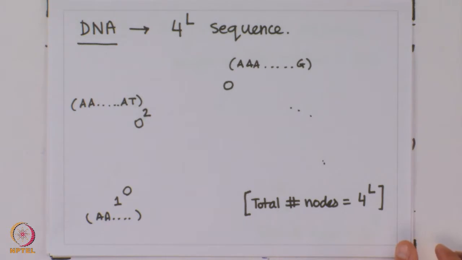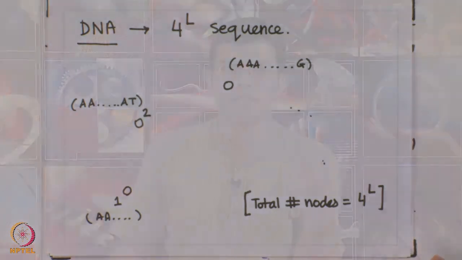If we are interested in DNA sequences of length L, then the total number of DNA sequences which can be created, which are of the same length, but the choice of nucleotides can be different, but the sequence size has to be the same, the answer is 4 to the power L distinct sequences.